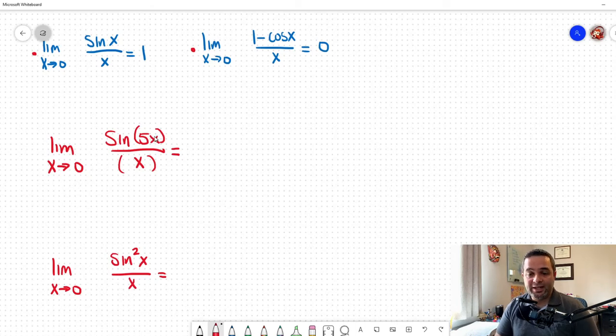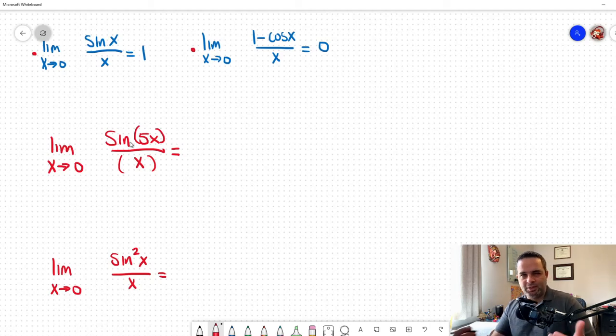Right now, this and this are not the same something. How can I make it the same something? Well, this is where some algebra techniques come in. If I could multiply this by 5, then they would both be the same.